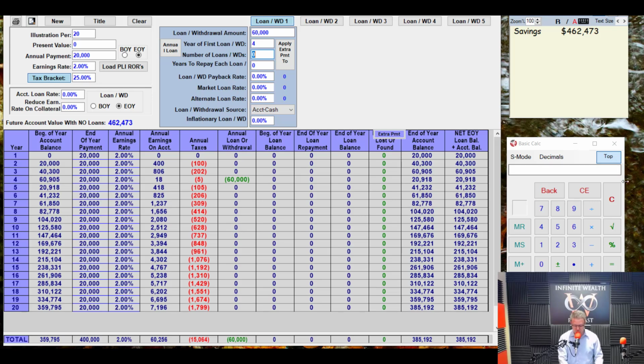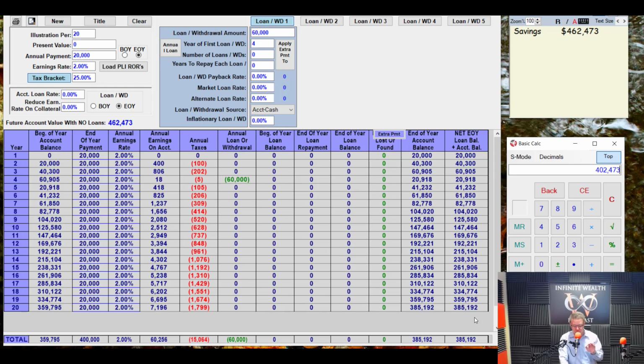Now, simple math might say, well, if we started with 462 and then we subtract out $60,000, simple math would think that we would be $60,000 less, but we're not. We actually only have $385 in our account.